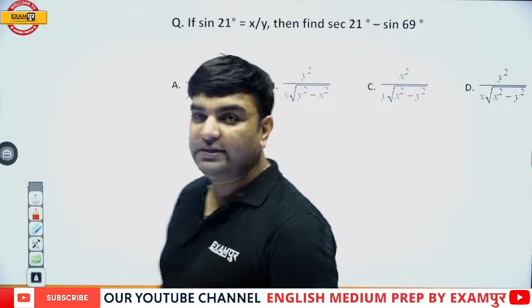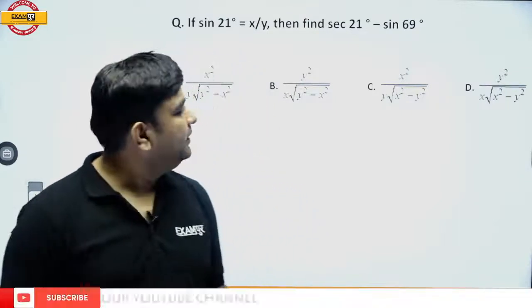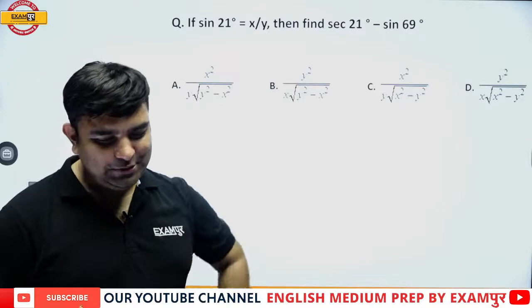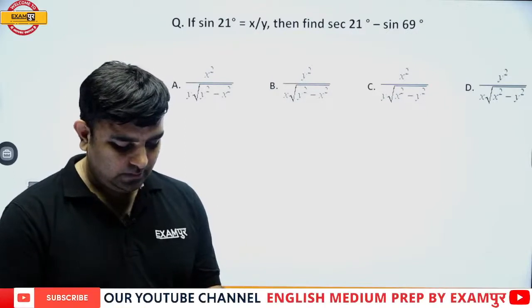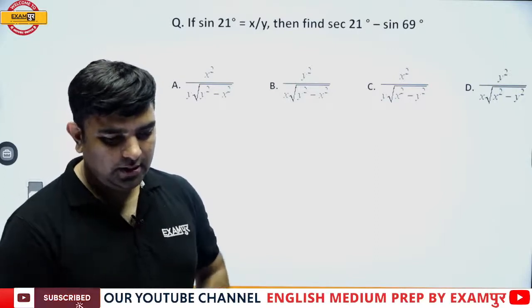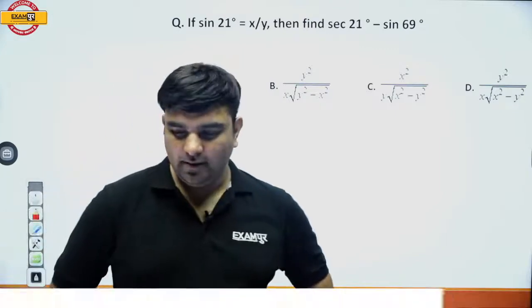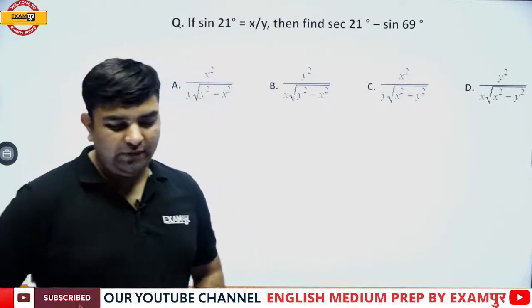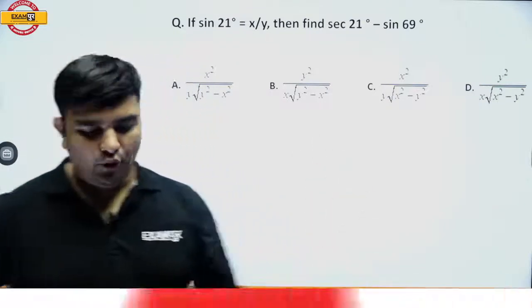Sine 21 is given as x upon y. What is sec 21 minus sine 69? Come on, guys, do share. These are homework questions, so we will do them quickly.